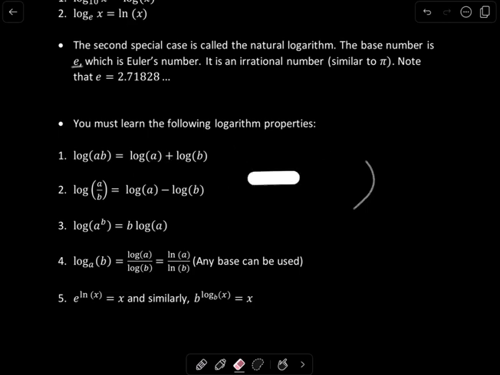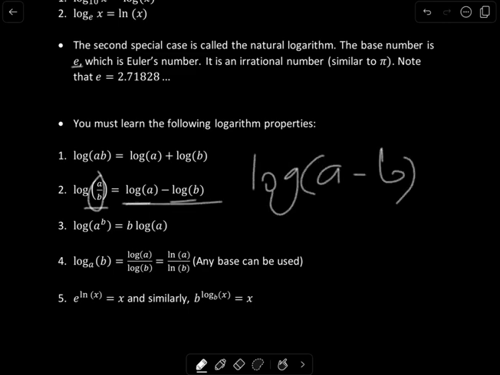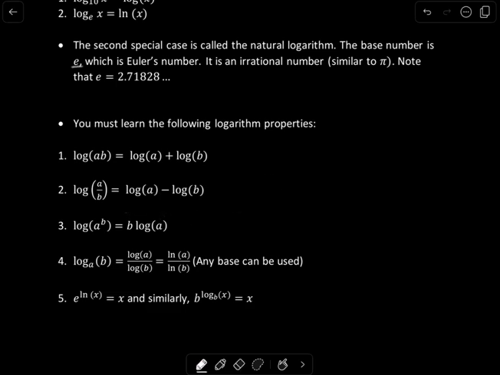Now, if we can transform multiplication into addition, we should be able to transform division into subtraction. A divided by B becomes log of A minus log of B. Again, you cannot separate log of A minus B into log of A minus log of B. This will remain as is. Only if it is A divided by B can you simplify it. So that's the first and second property, really easy.